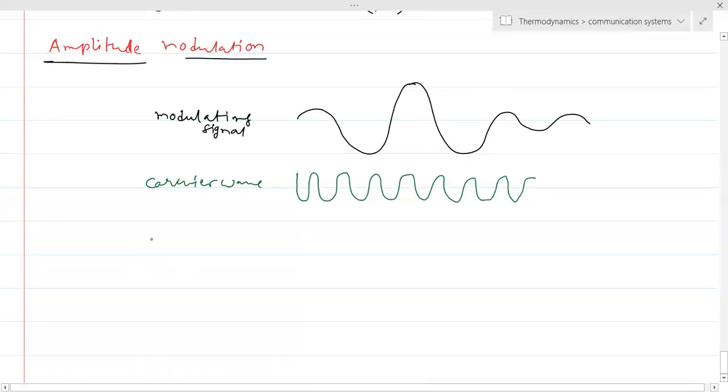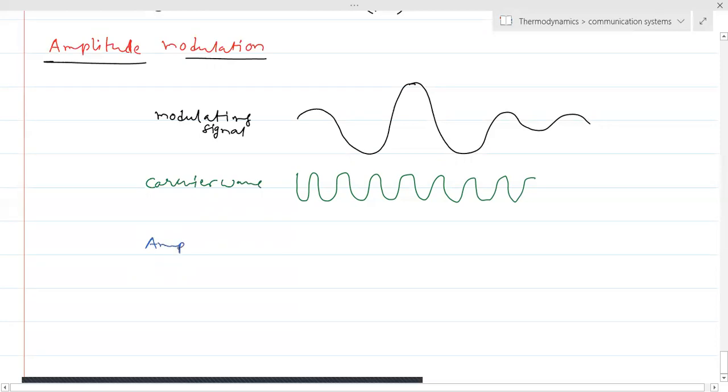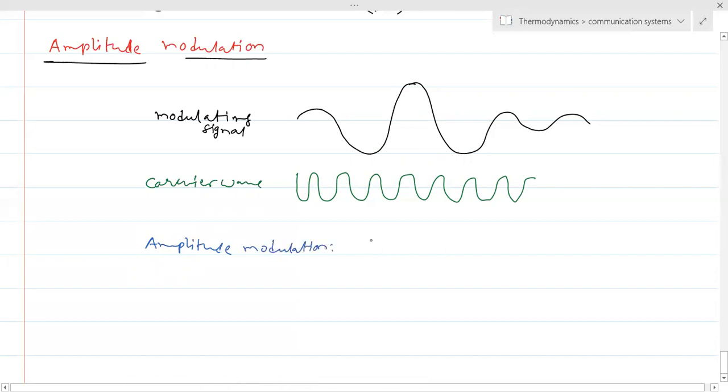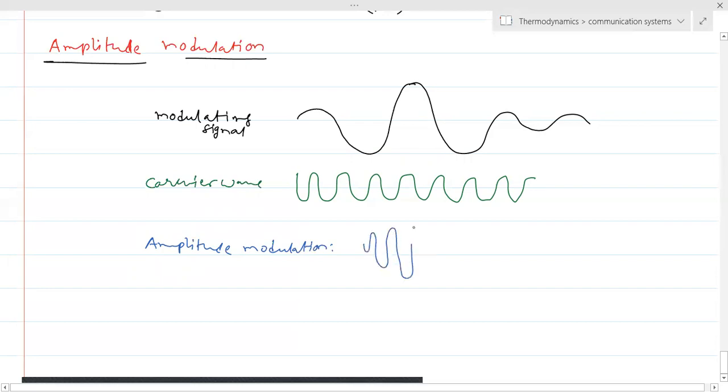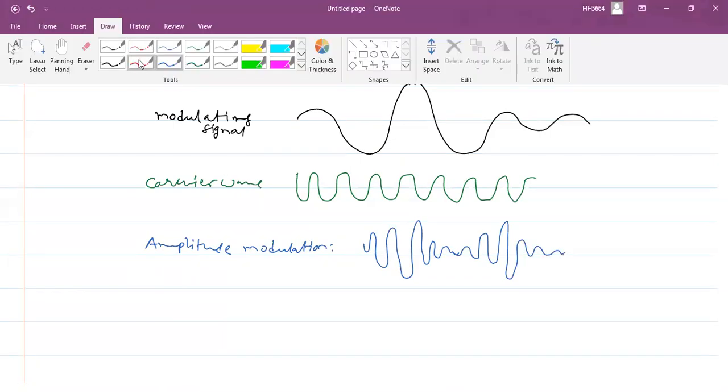And after considering amplitude modulation, so this will be the AM signal.